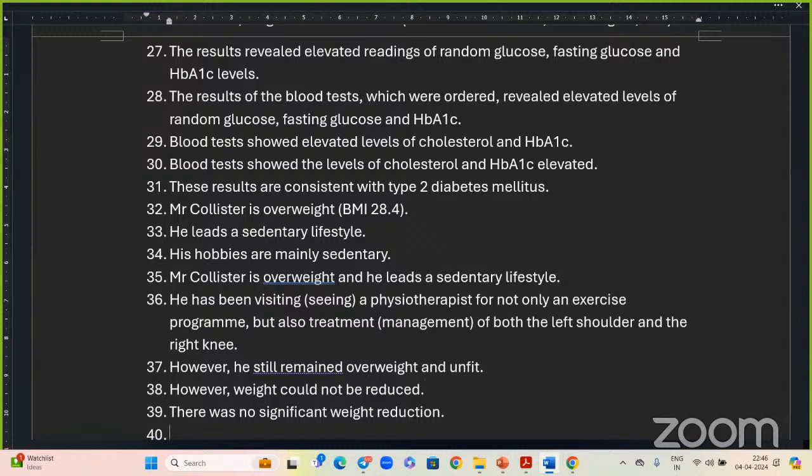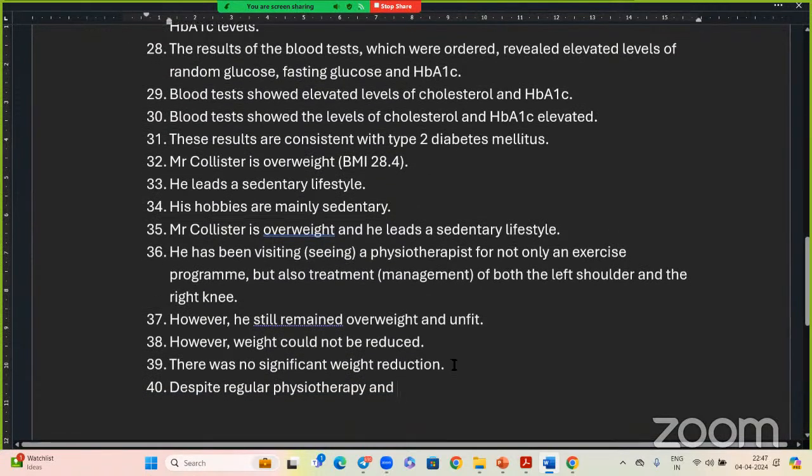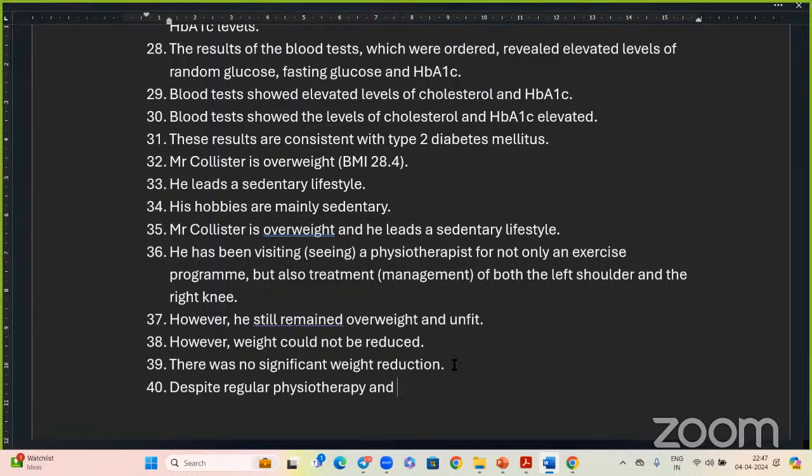Despite regular physiotherapy exercises and relevant treatment, weight reduction was not possible.